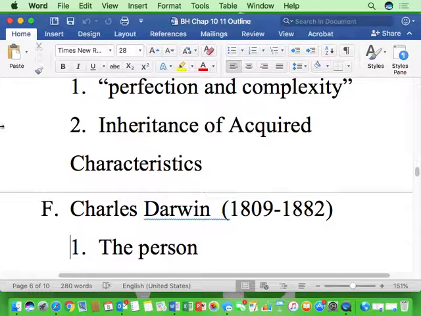So HMS stands for Her Majesty's ship or His Majesty's ship, depending on who's in power at the time. In this case, it was Her Majesty's ship, the Beagle.